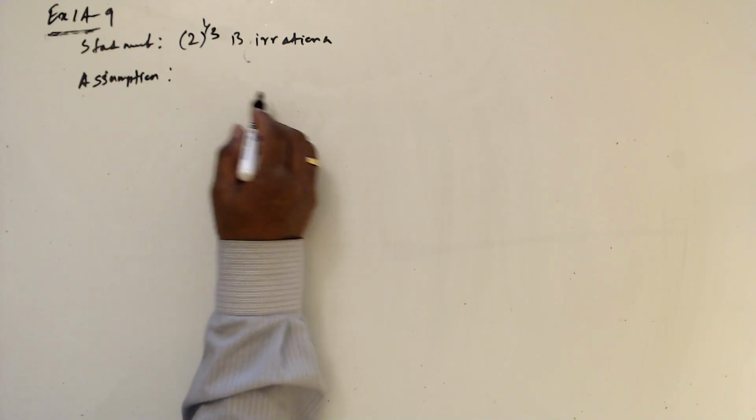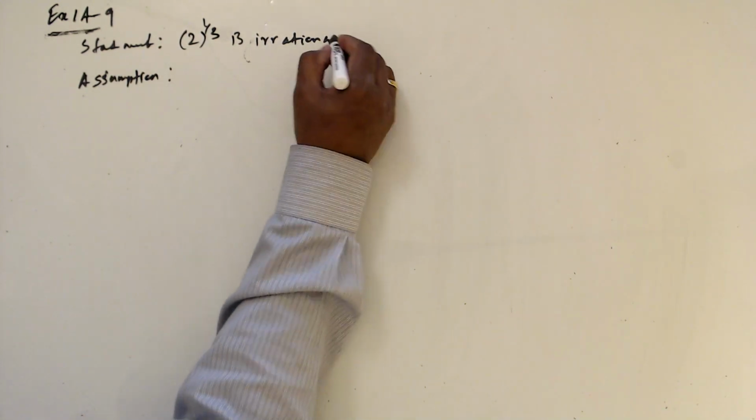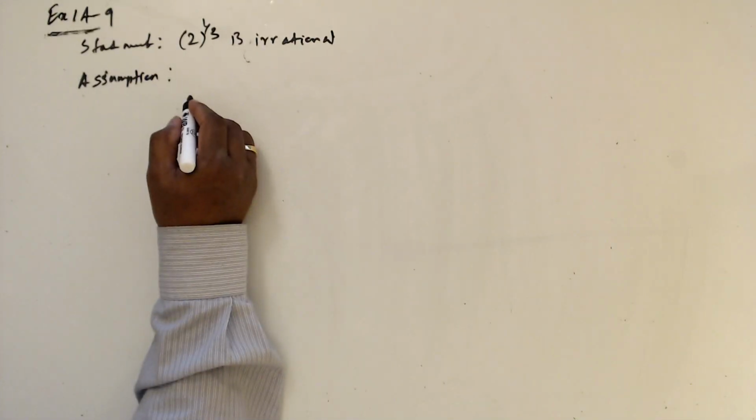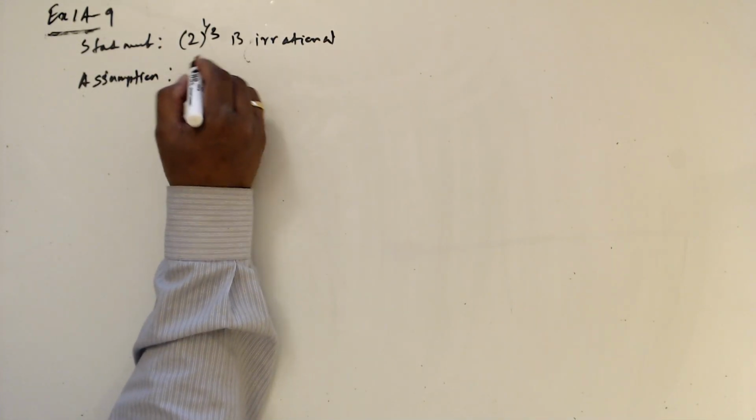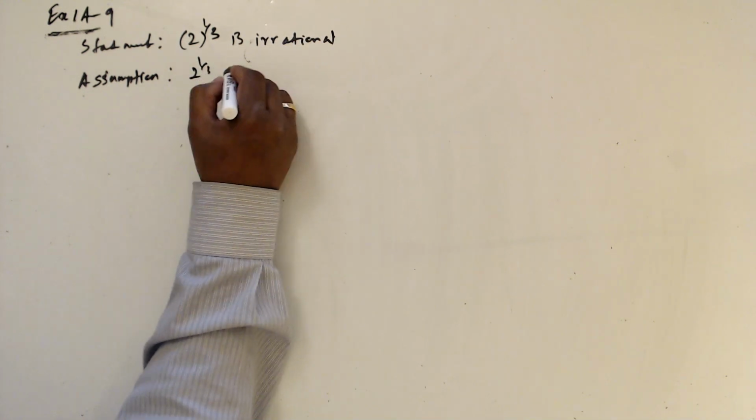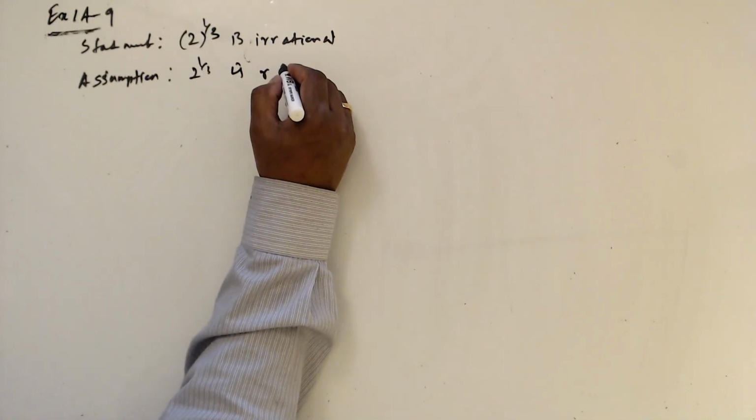And question number 9. We want to show that this is irrational. So the assumption is this is rational, that cube root of 2 is a rational number.